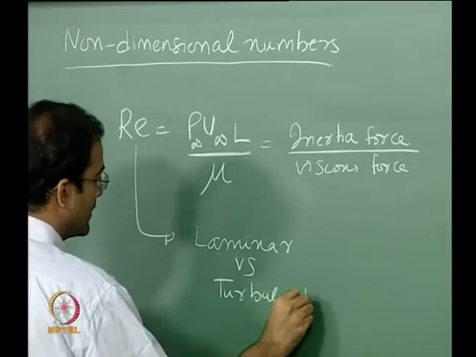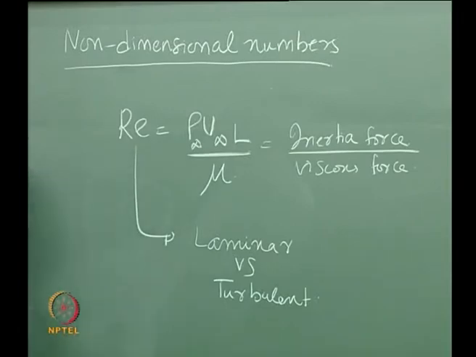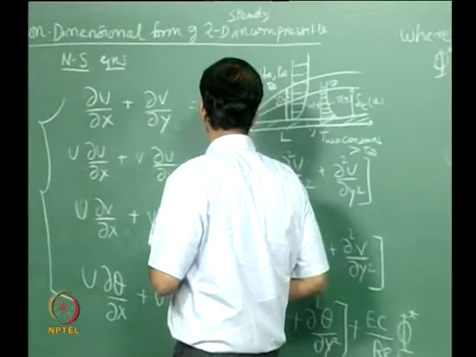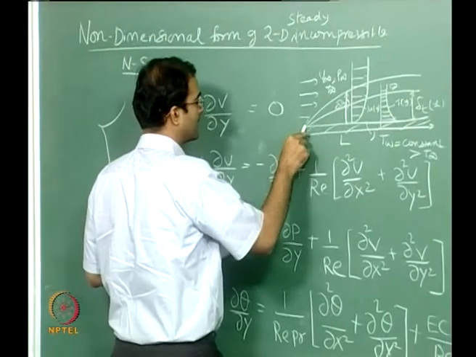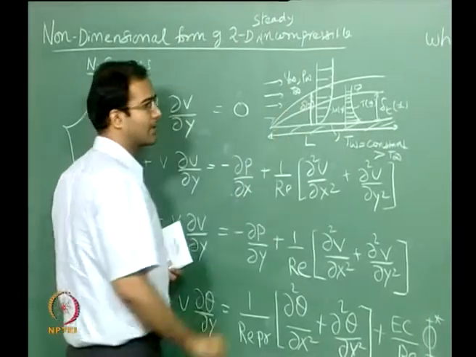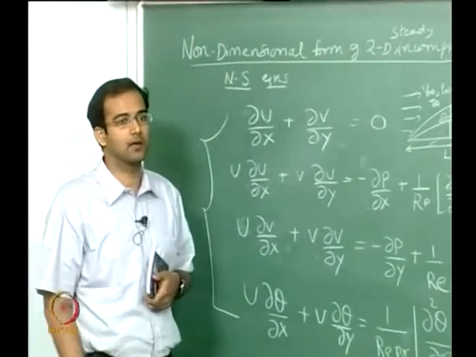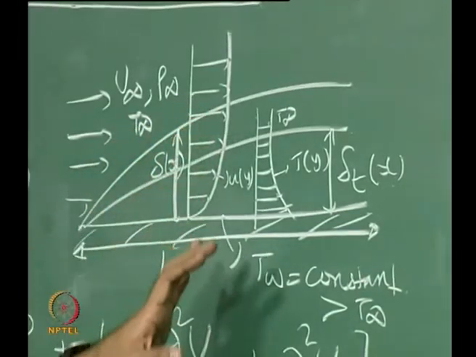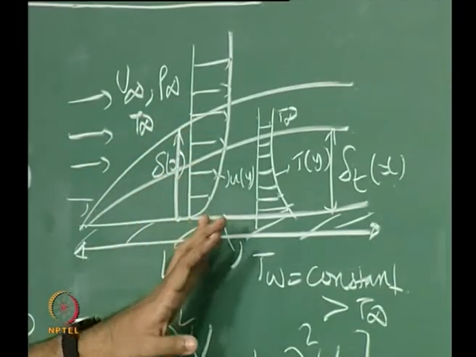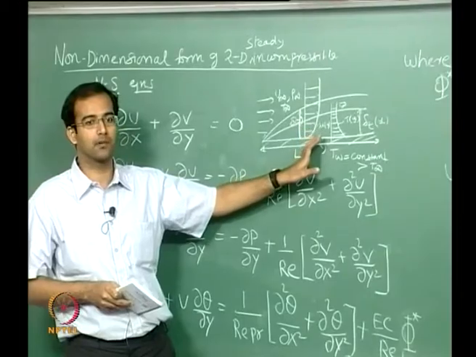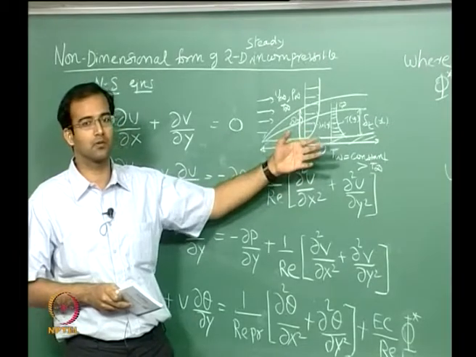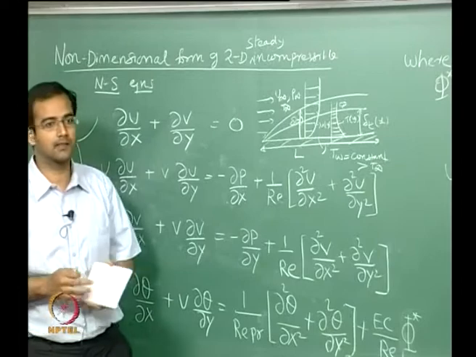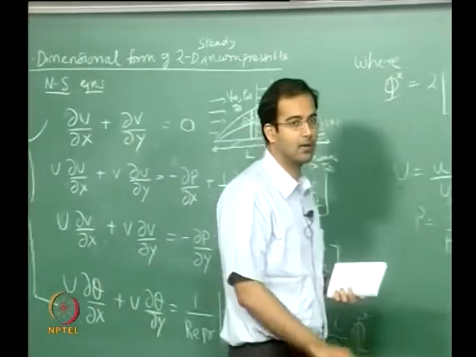If you take the example of a flat plate, as you start from the leading edge right here, initially it could be a laminar boundary layer, and after a certain extent instabilities start appearing and you have a critical Reynolds number beyond which your instabilities will grow and the flow becomes turbulent, and that is classified based on the local Reynolds number.